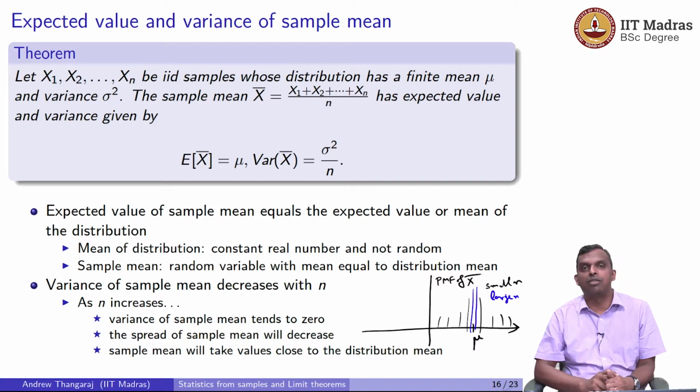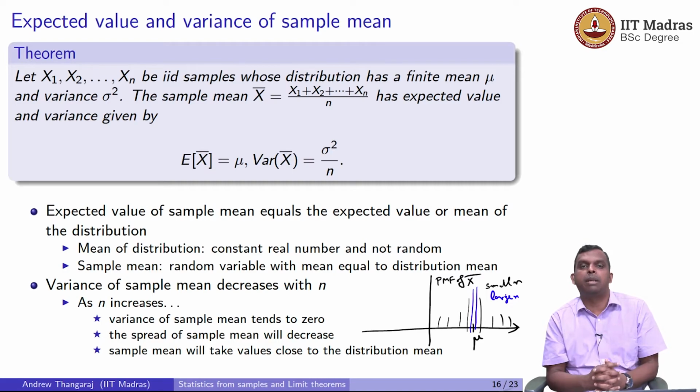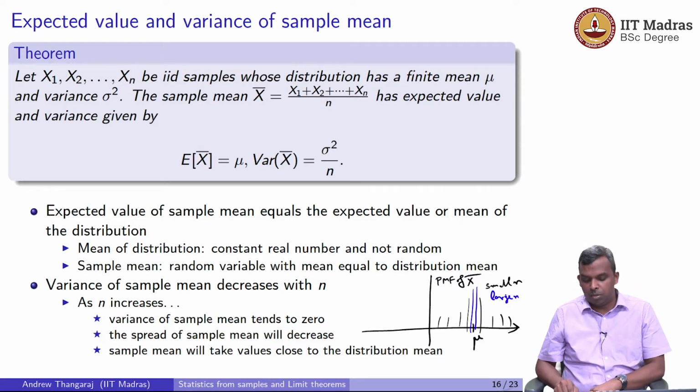It won't be too far from the distribution mean. The upshot of this result is, if n is becoming larger and larger, the values taken by the sample mean will be close to the distribution mean, not just the average of the sample mean. The actual values themselves will be close because the spread is not very large.